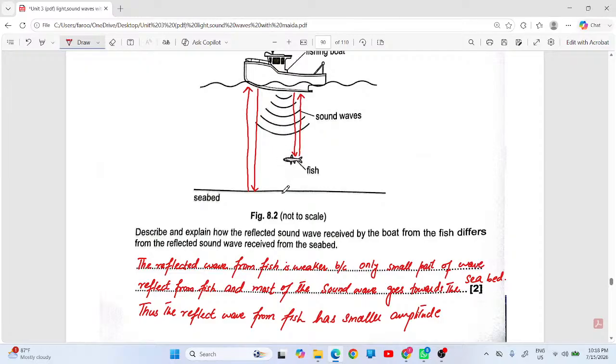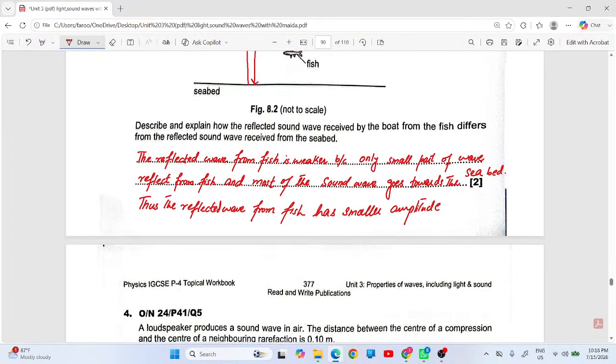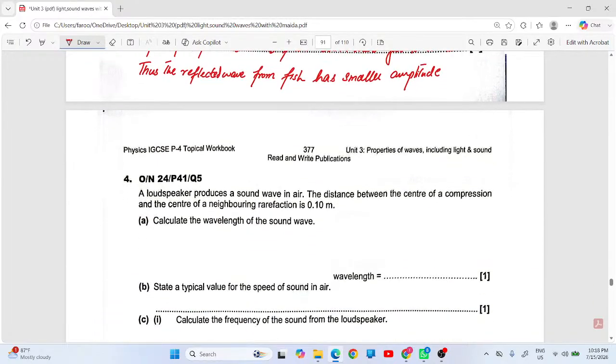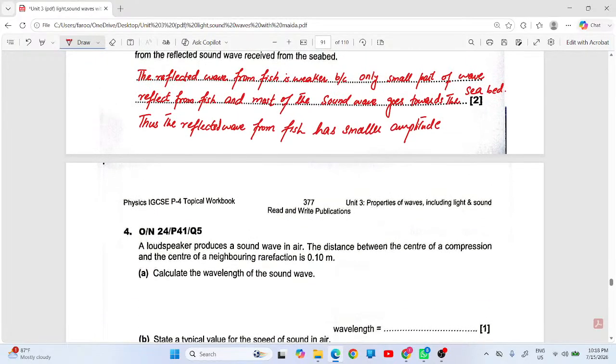Thus the reflected wave from fish has smaller amplitude. Any confusion? No.